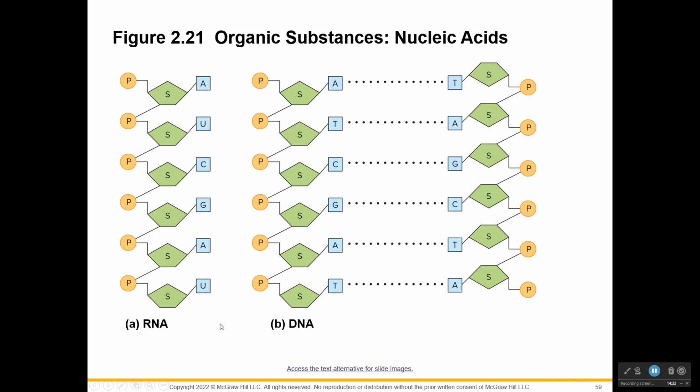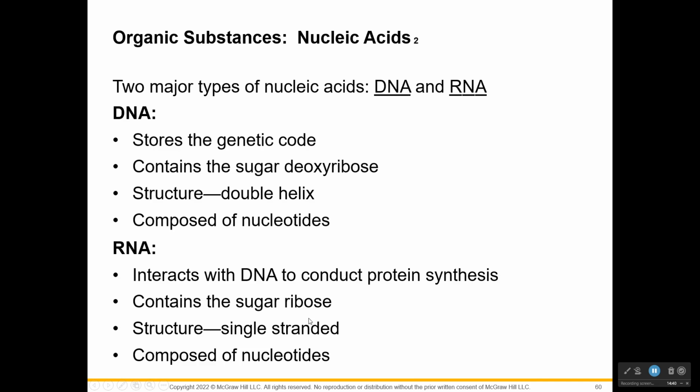The difference in DNA and RNA, besides that they're stranding, is RNA is called ribonucleic acid because it's made with the sugar called ribose, and DNA is made with deoxyribose. So to review that, DNA stores your genetic code. It has deoxyribose as a sugar. It is double-stranded. It's called the double helix.